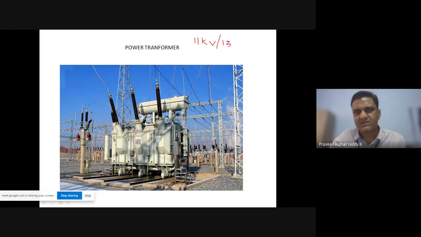This range of transformers, we call power transformers, which are used in substations. Substations are power stations, power generating plants. Or you can say this is a step up transformer, 11 kV to 132 kV, or 132 kV by 11 kV, which we call step down. So we have to do both step up and step down in the power transmission. This is just to show you the picture of a power transformer.